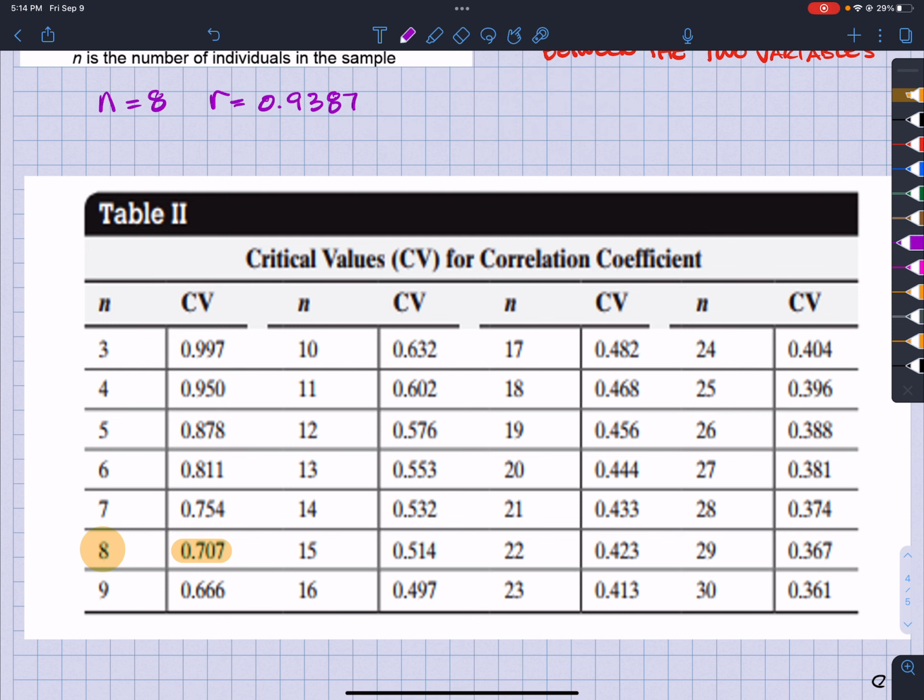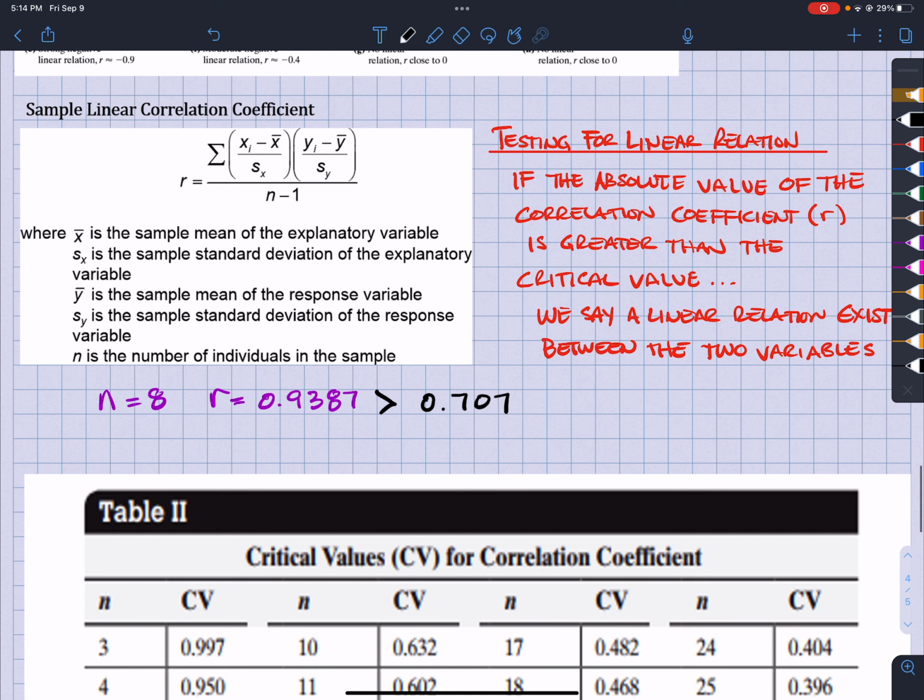Since this is greater than 0.707, then what that tells me, based on what I'm saying right here, is that a linear relation exists.